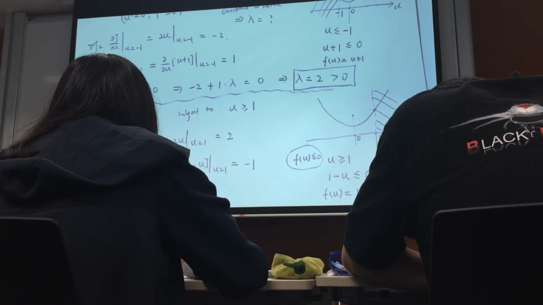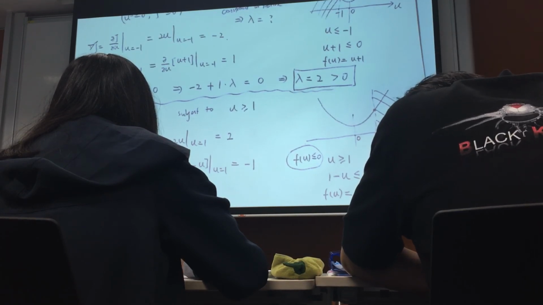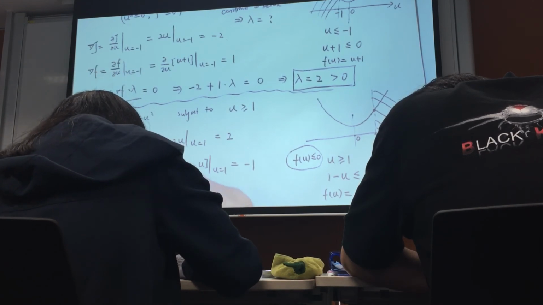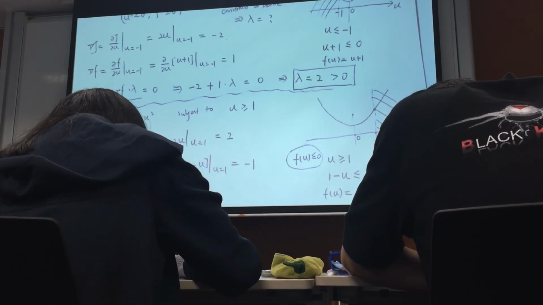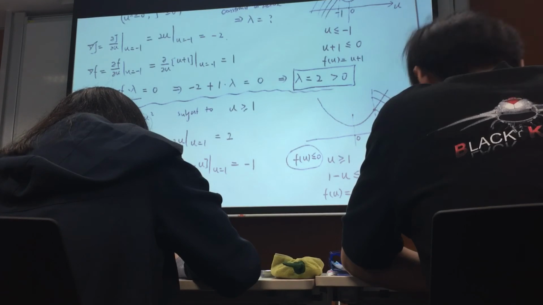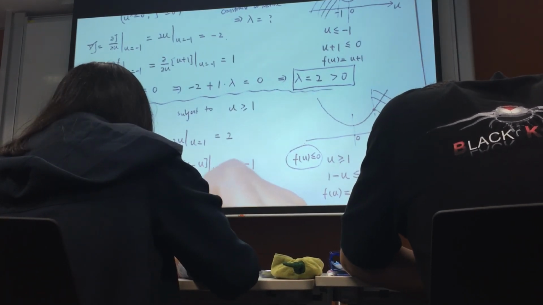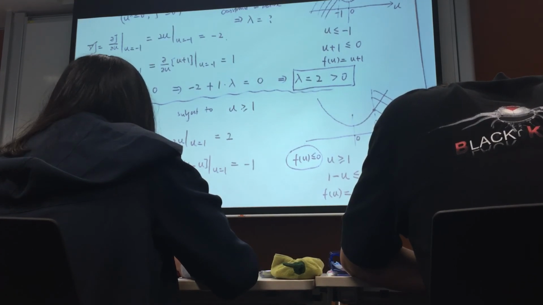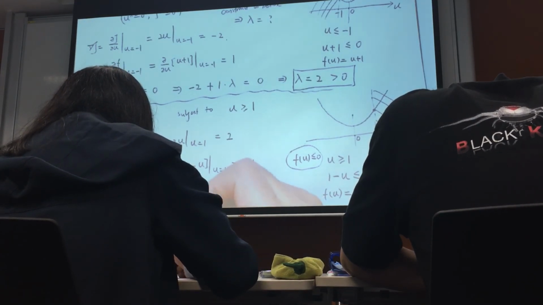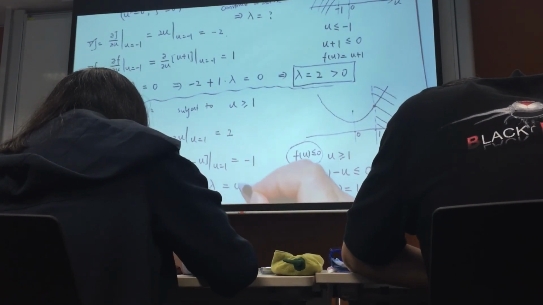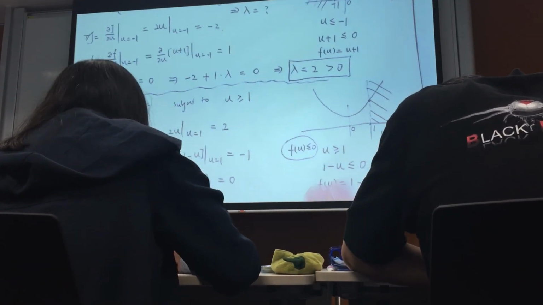From the necessary condition, we can determine the Lagrange multiplier. Delta J equal to 2 plus delta F equal to minus 1 multiplied by lambda equals 0.